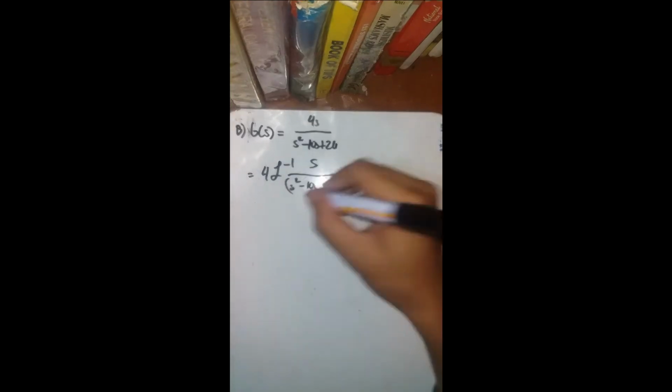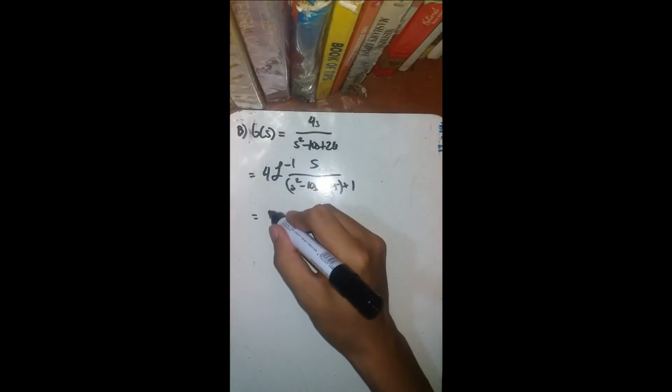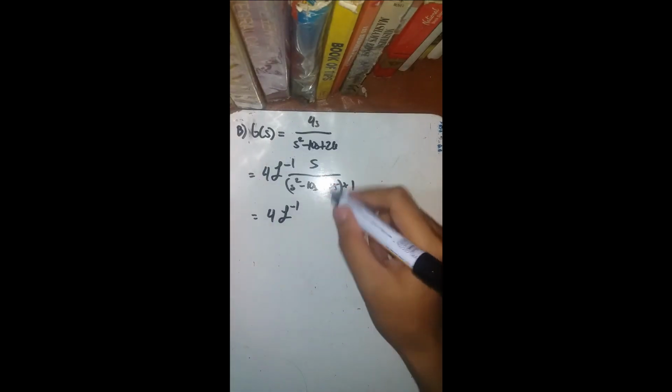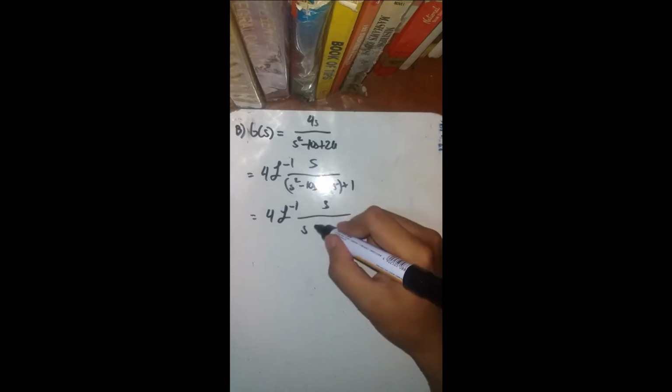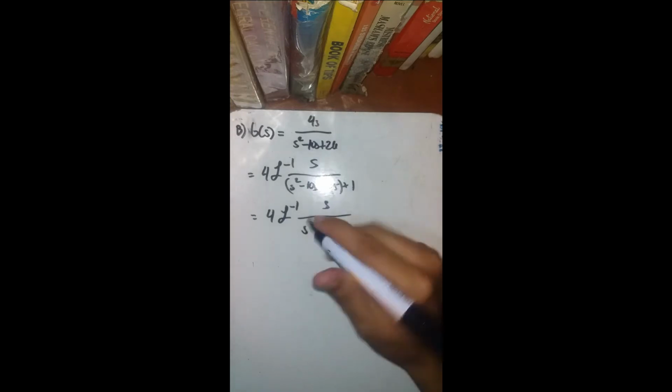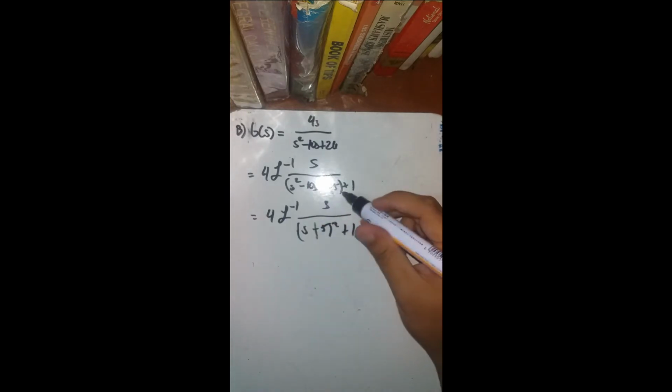So let's group this, and okay, this will become 4 inverse Laplace, so s all over s minus 5 raised to 2 plus 1.